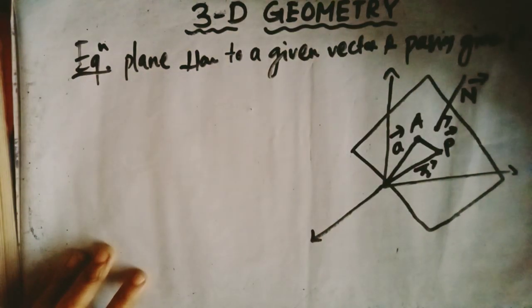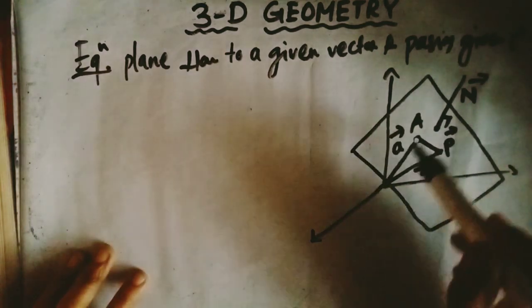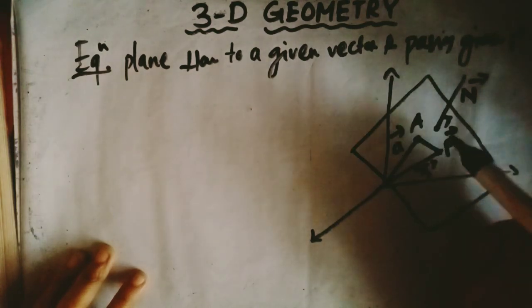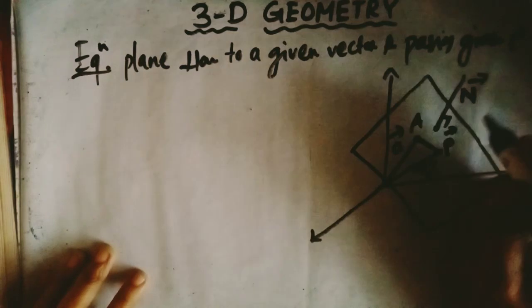Okay, so plane is passing through a point A. This point it is passing and it is perpendicular to a vector N. R is any position vector, okay, with point xyz.